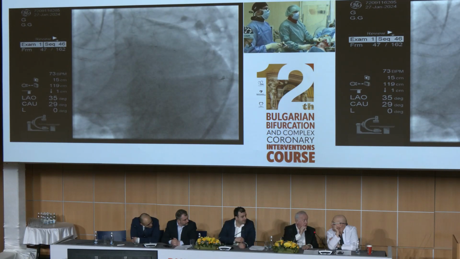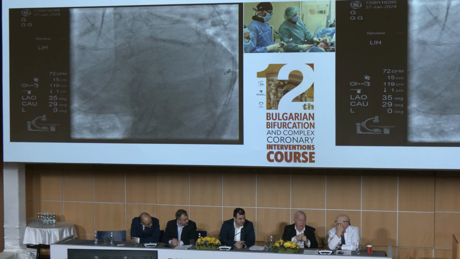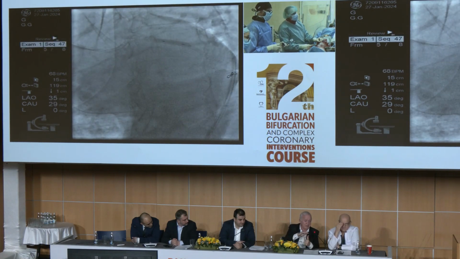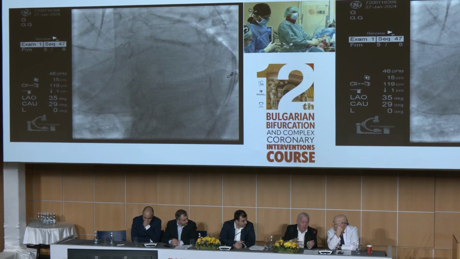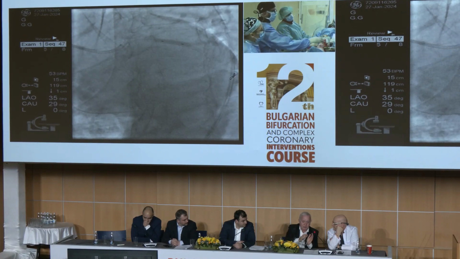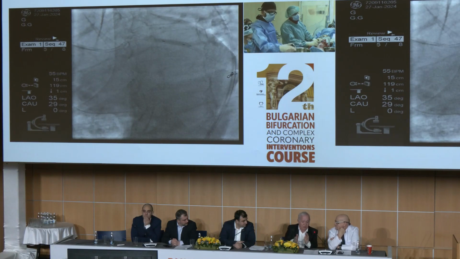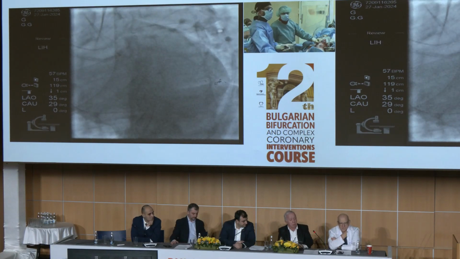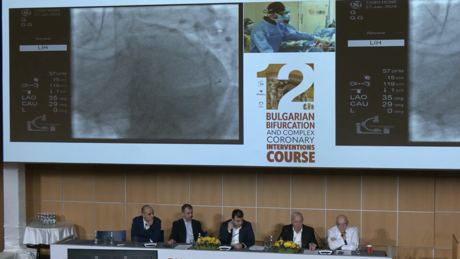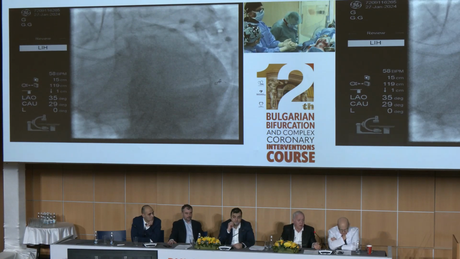Not a word on the plasticity of the balloon, which means several inflations. On the time of inflation, absolutely nothing. So in the angiography guidance group it was unfair not to do that, you know. So this trial has to be done again.